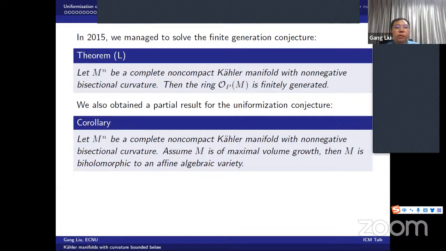We also obtained a partial result for the uniformization conjecture. Basically, you assume non-negative bisectional curvature and also the maximal volume growth. Then we can obtain that the manifold is biholomorphic to an affine algebraic variety.